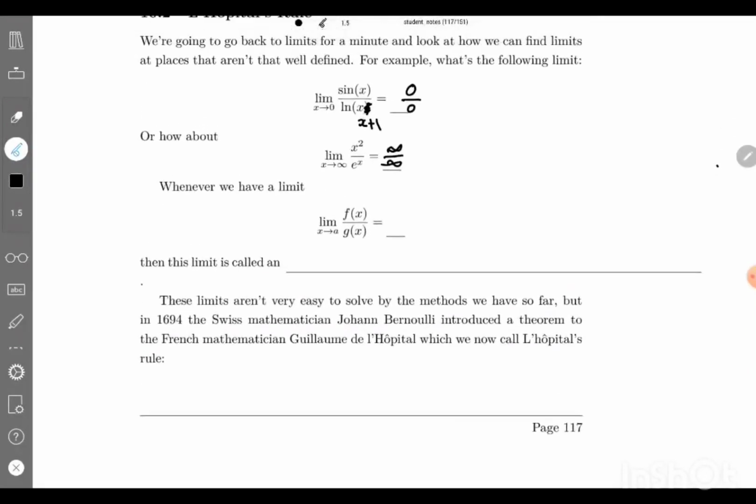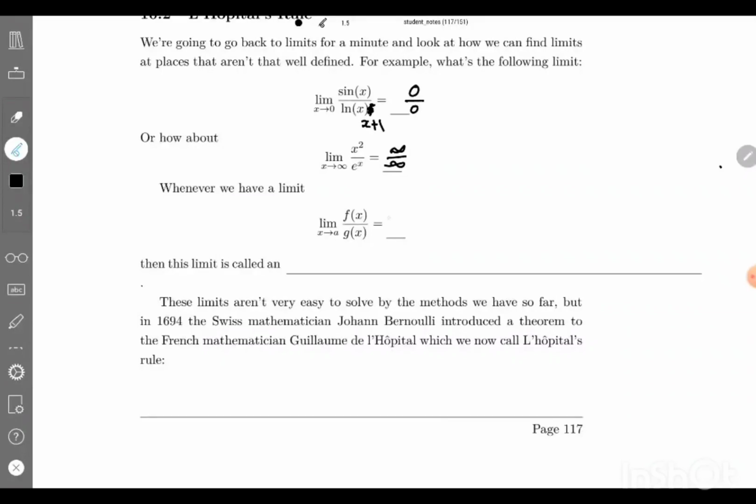Basically, whenever we have a limit where we have 0 over 0, or we have plus or minus infinity over infinity, then this limit is what we call an indeterminate form of type, and then we say what type it is: 0 over 0, or plus or minus infinity over infinity.